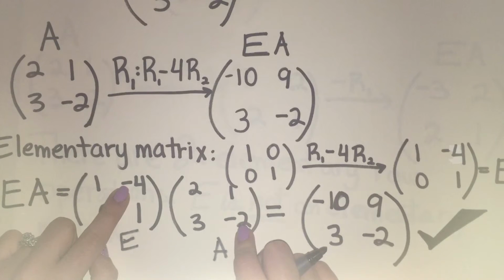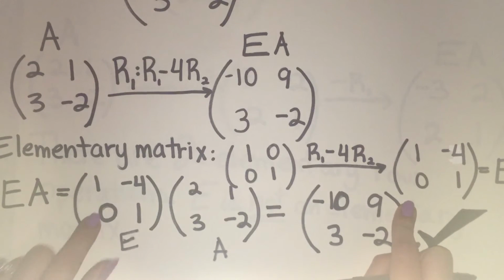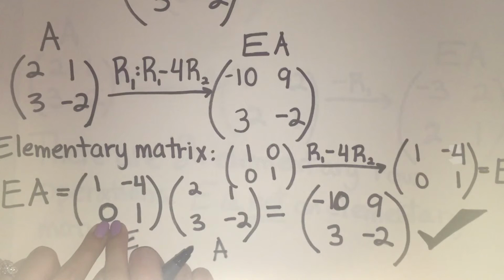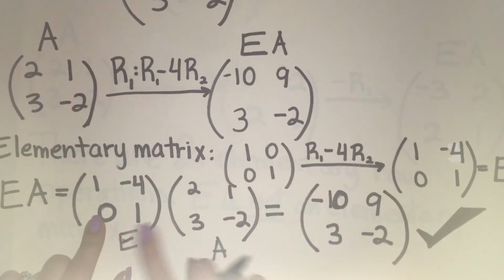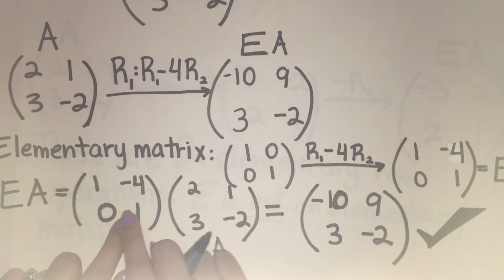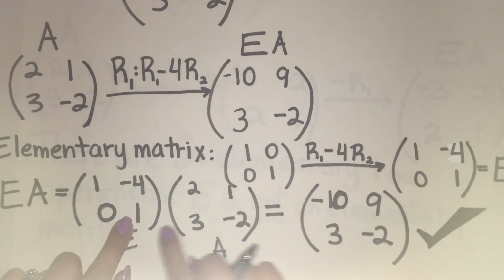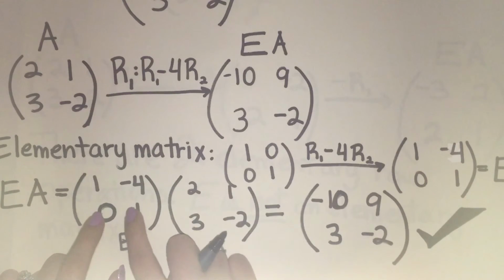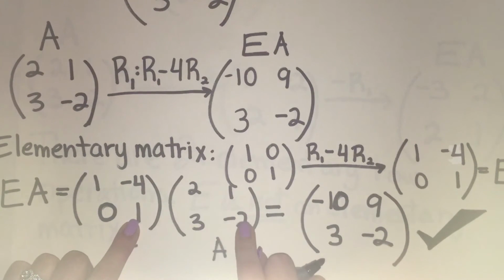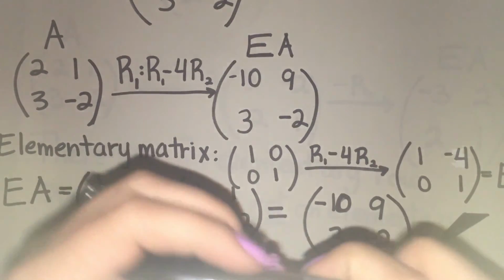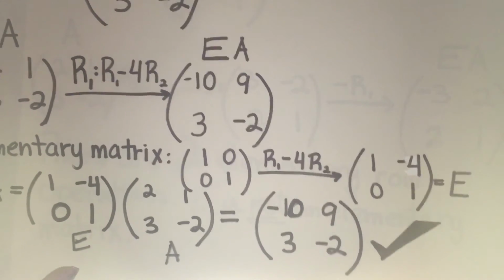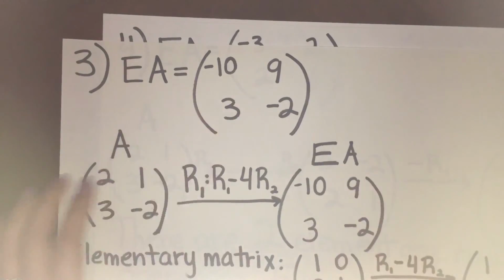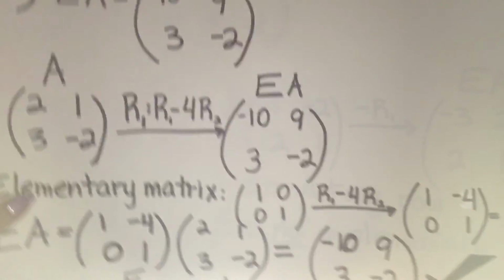Negative 4 times negative 2 would be 8. So 1 plus 8 would be 9, which is correct. Here we have 0 times 2 is 0, plus 1 times 3 would be 3. And then we have 0 times 1 is 0, plus 1 times negative 2 would just be minus 2. So this elementary matrix is indeed the one necessary for EA to equal this matrix. So this case is completed.